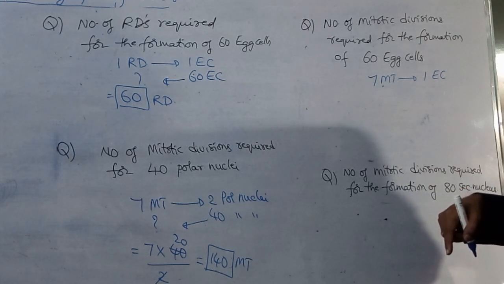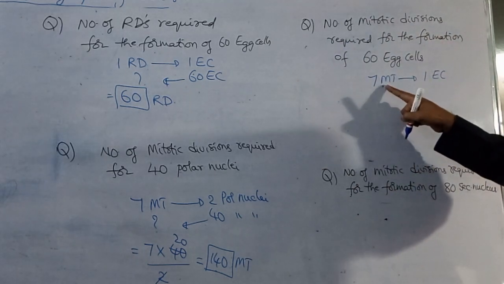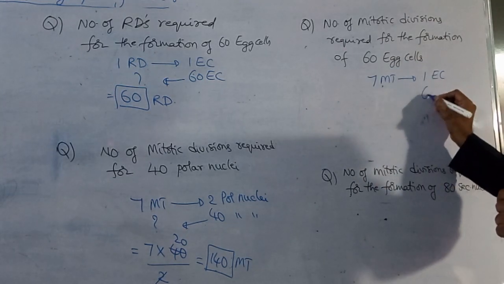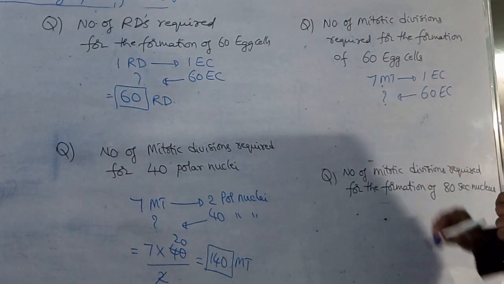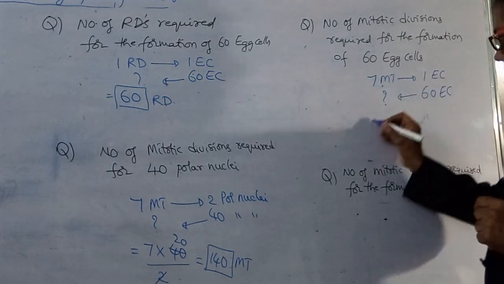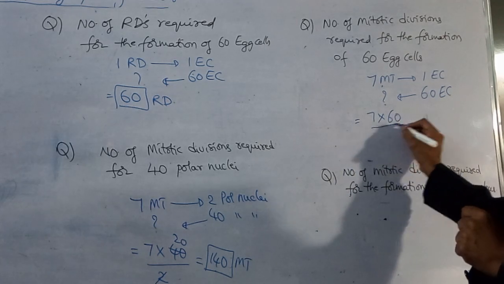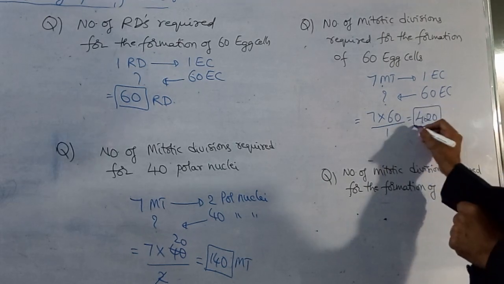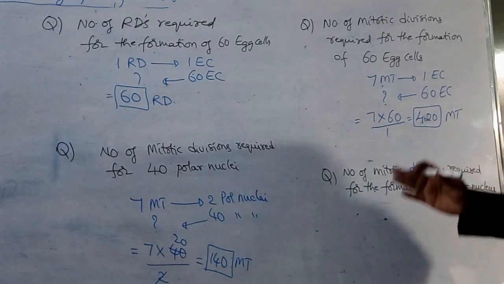How many mitoses are required for the formation of one egg cell? 7 mitoses. Here mitotic divisions are asked, so 7 mitotic divisions are required for one egg cell. How many egg cells are given? 60 egg cells. How many mitoses? Cross multiplication: 7 into 60 divided by 1, that is equal to 420. 420 mitotic divisions.